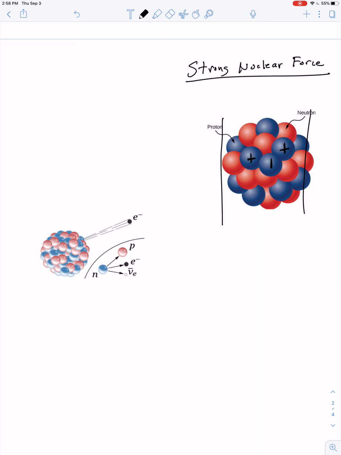Okay, and then lastly, there's something known as the weak nuclear force, or sometimes called the weak interaction. And that's a force that extends over even smaller ranges than the strong nuclear force. It's a force that doesn't extend really beyond the diameter of a single nucleon. And a way in which it reveals itself is in some nuclear decay processes.